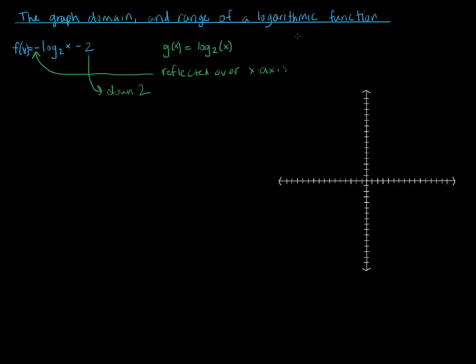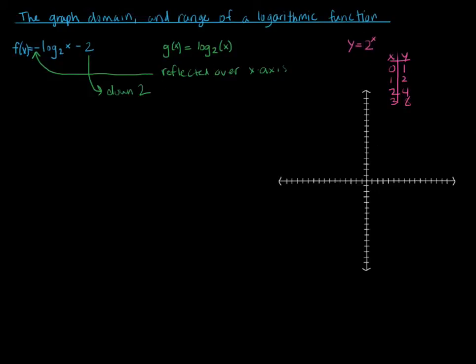So remember that log is the inverse function of the exponential function. So if we take a look at y equals 2 to the x, let's just list some of our inputs and outputs. We have 2 to the 0 power is 1, 2 to the first power is 2, 2 squared is 4, 2 to the third is 8.